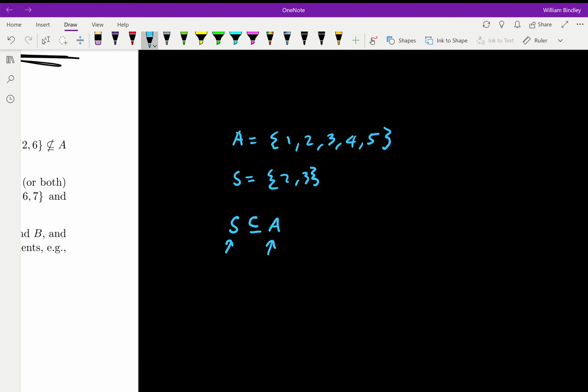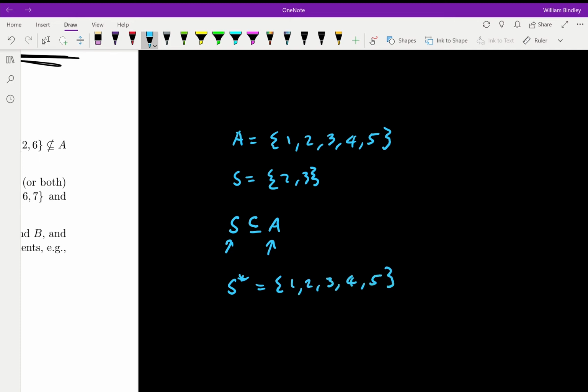Okay, and this line underneath that curly symbol that looks a bit like a C means that S could actually just be equal to A. Because if you imagine, let's take another set, let's call this one S star, and this equals {1, 2, 3, 4, 5}.